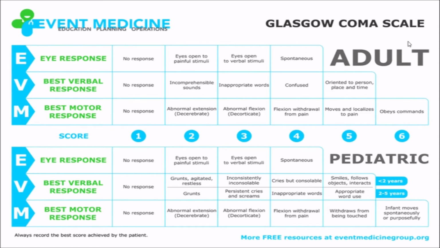In pediatric, inconsistently inconsolable and moaning. 4 indicates confused conversation. The patient responds to questions in a conversational manner but with some disorientation and confusion. In pediatric, cries but consolable and inappropriate interaction.